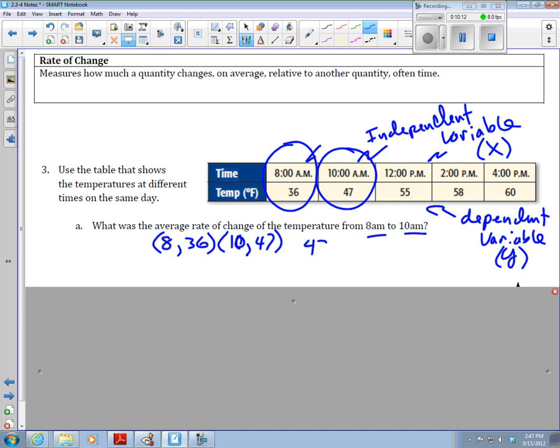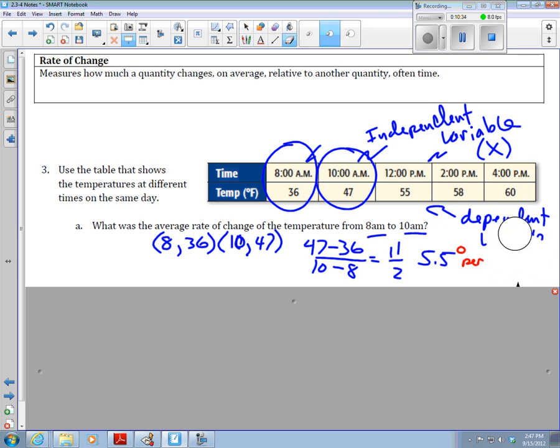I'd say this is 47 minus 36 all over 10 minus 8, which is going to give me 11 over 2, or 5.5. Now, 5.5 degrees per hour.